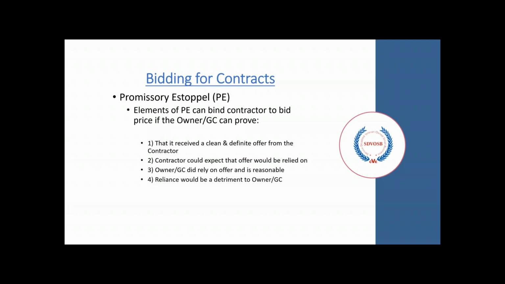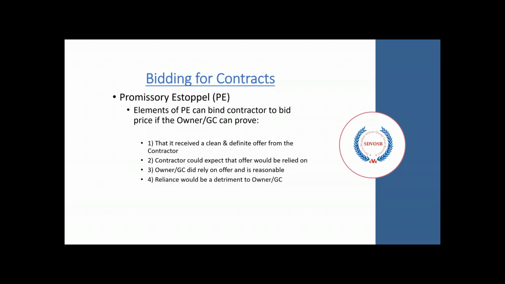Two, that the contractor could expect that the offer would be relied on. Three, the owner or GC did rely on the offer and it is reasonable. And four, that the reliance would be a detriment to the owner and the GC.